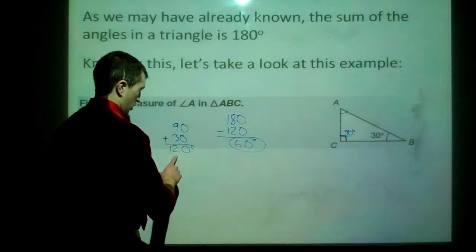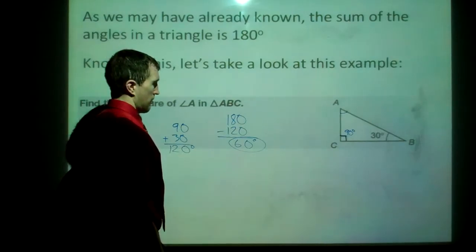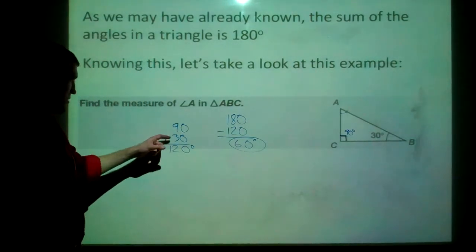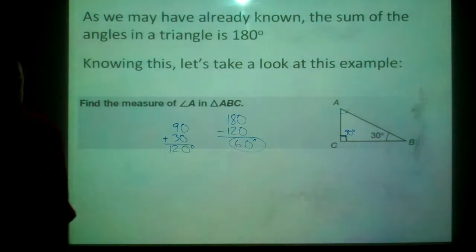So 120 plus 60 is 180, or 90 plus 30 plus 60 is 180. So that missing angle has to be 60 degrees.